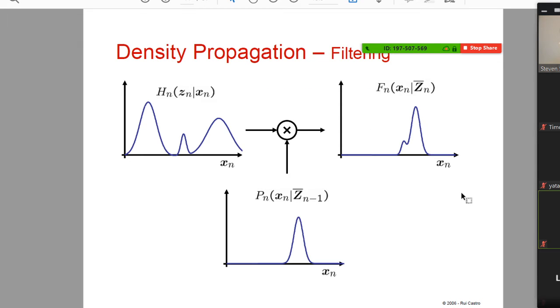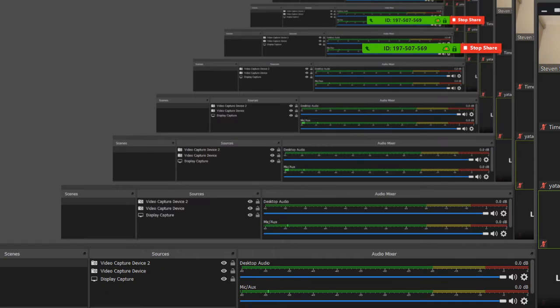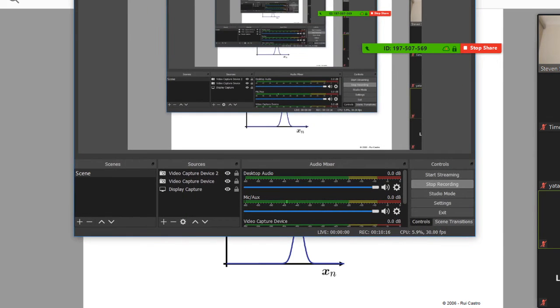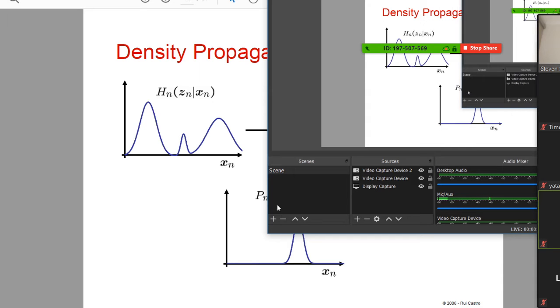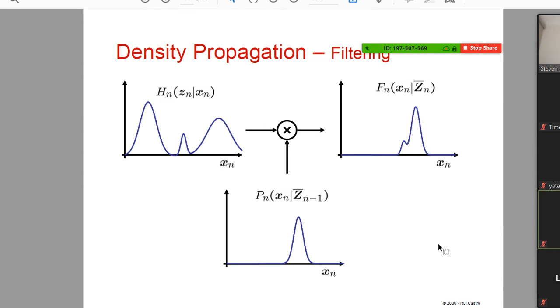I'm not sure you have heard about it. The Kalman filter is very popular. It is a kind of stochastic method.